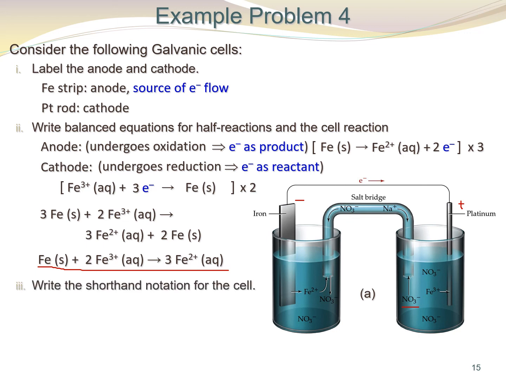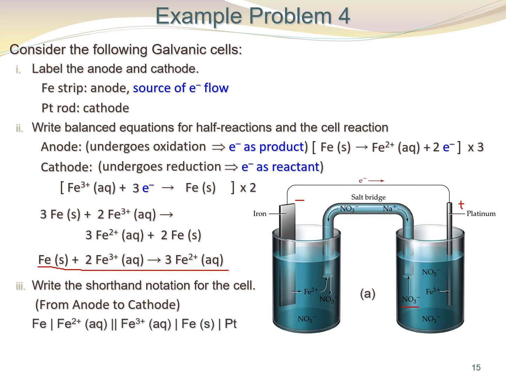Speaking of shorthand notation, we start with, of course, the anode. We have iron serving as the electrode as well. In the solution, we have iron 2+. There's a phase boundary between them, so Fe bar Fe2+, skipping the nitrate, then the salt bridge.